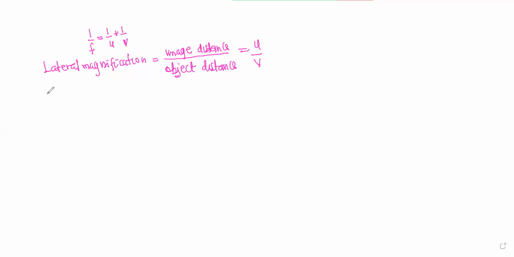Then transverse magnification is also a ratio of image height over object height.